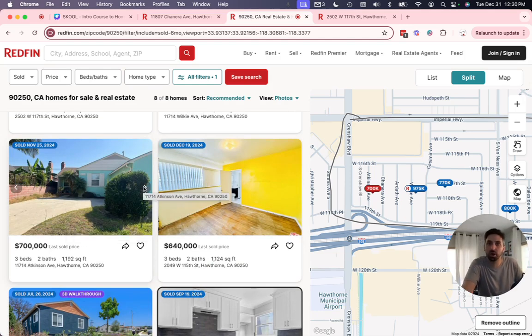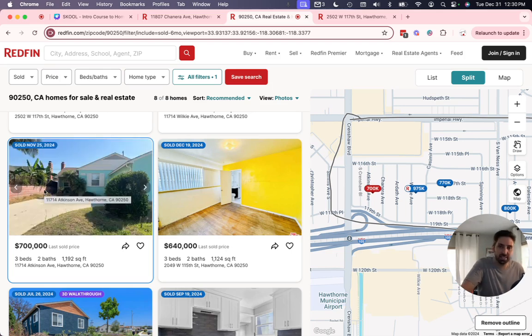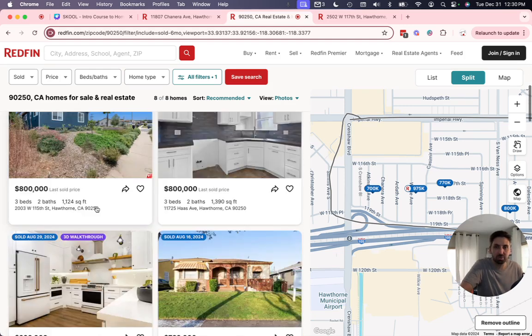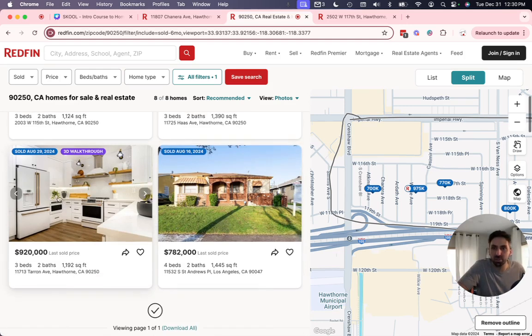So we want to consider it, but it's also a probate sale. And so there's a little bit different things going on with this one. I would say that it's probably not a good comp for those reasons. This one in August, this one 3-bed, 2-bath, 1192 sold in August.